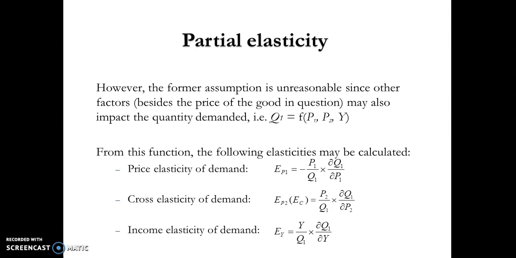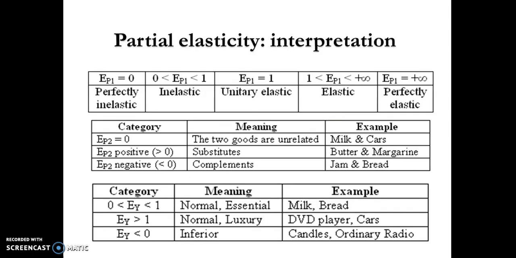So in terms of these elasticity coefficients, your price elasticity, your cross elasticity, and income elasticity, you will still interpret them in the same way as you did before. This is just a summary of the interpretation of your partial elasticities. You should be familiar with this from first year, right? With your price elasticity of demand, if it was equal to zero, it was perfectly inelastic.